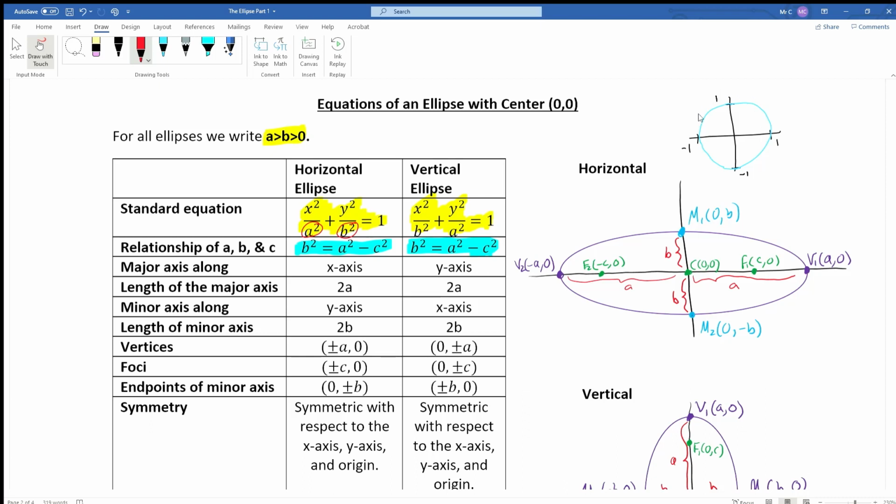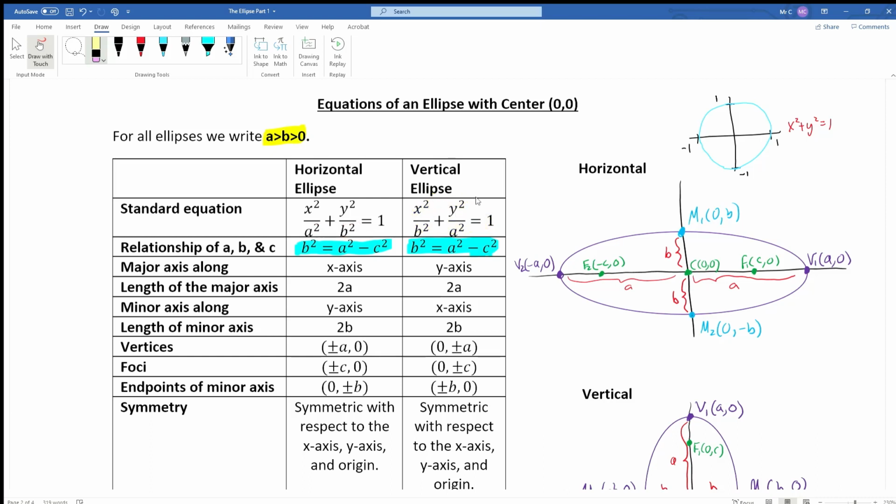So if you start with the circle with radius 1, which of course has equation x squared plus y squared equals 1, well, you notice the ellipse here could have been written as (x over a) squared plus (y over b) squared equals 1. So you can think of the a and b values as stretching your x and y axes for your circle into this elongated shape we call the ellipse.